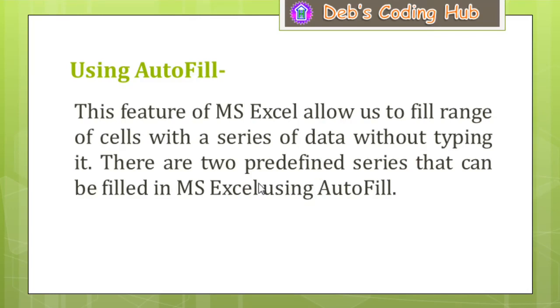So it saves time. There are two predefined series that can be filled in Microsoft Excel using AutoFill. Now let us see what are the two predefined series we can fill using the AutoFill feature of Microsoft Excel.